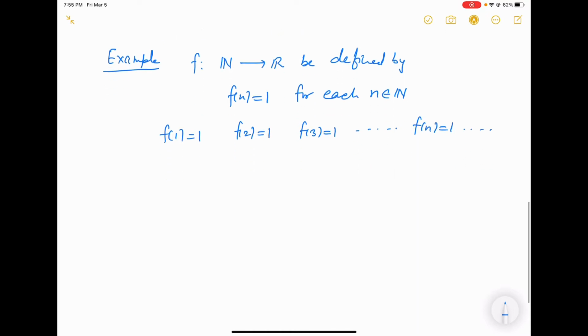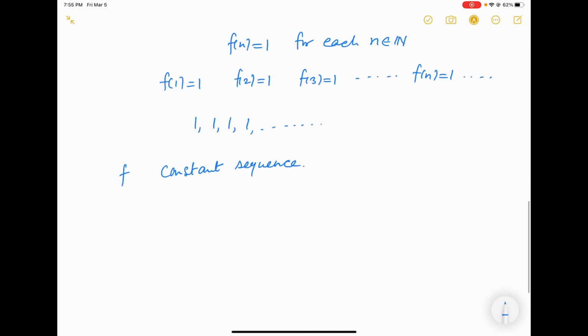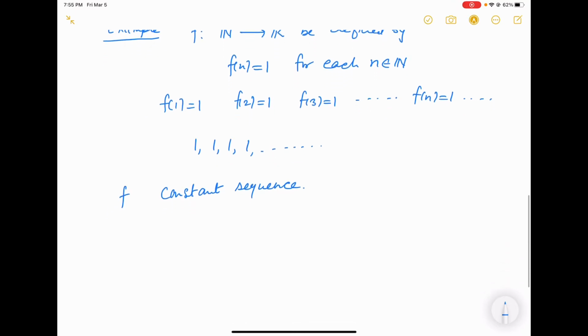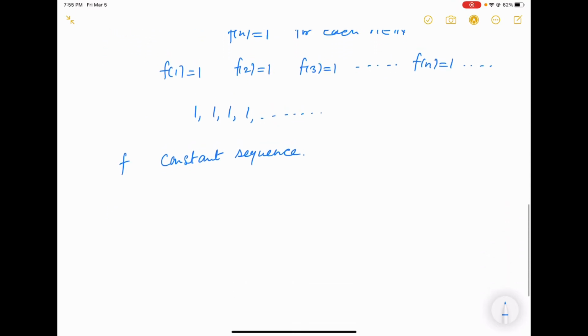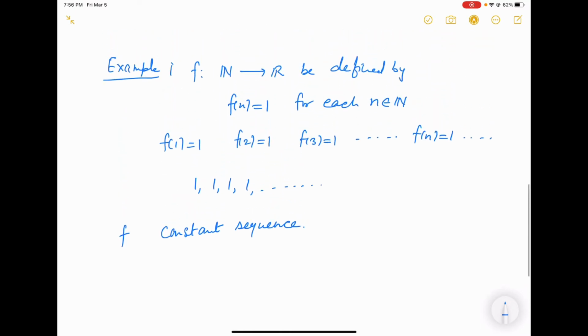So in this way, our sequence is 1, 1, 1, 1, 1. Since each term is 1, F is a constant sequence. What will be the nth term of the sequence? The nth term Fn is 1. So this is the first example.